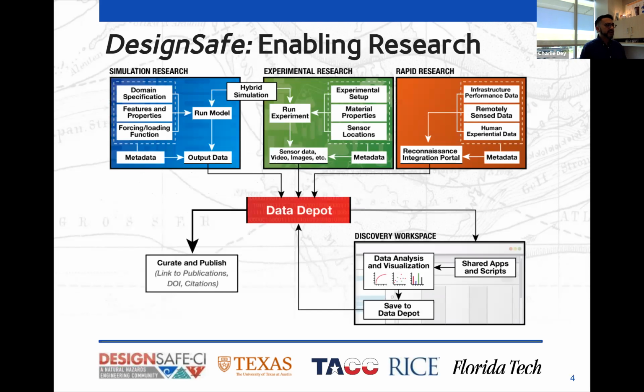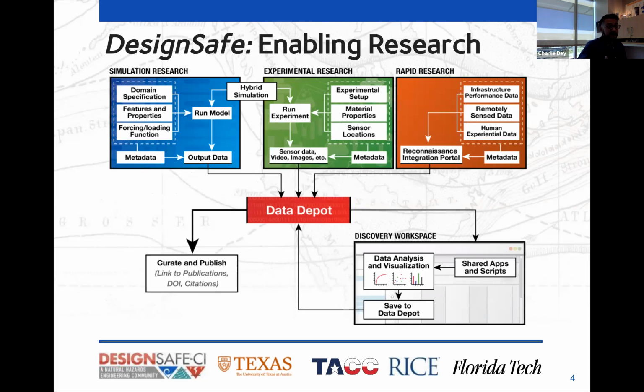So a little bit about how DesignSafe is structured. DesignSafe has a lot of working parts, and a lot of different people are encapsulated in DesignSafe to get it to work. The way DesignSafe is set up, we have the simulation research, the experimental research, and the rapid research. All those different facilities create a lot of data.